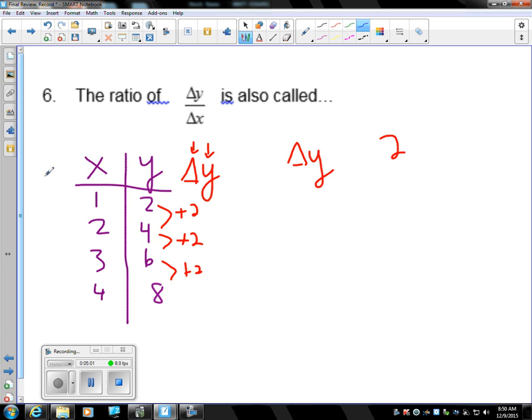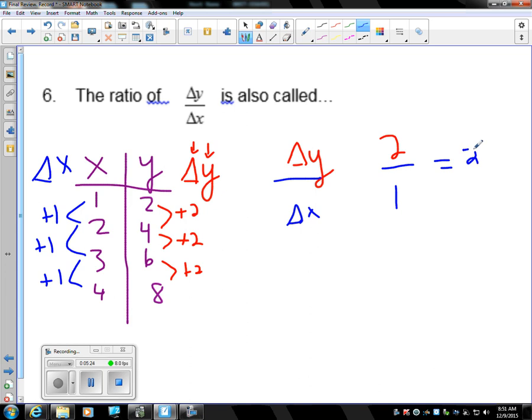Now let's look at the change in our x values, or delta x. From 1 to 2 is plus 1, from 2 to 3 is plus 1, from 3 to 4 is plus 1. So my delta x is 1. And if I divide delta y by delta x, 2 divided by 1 is 2.